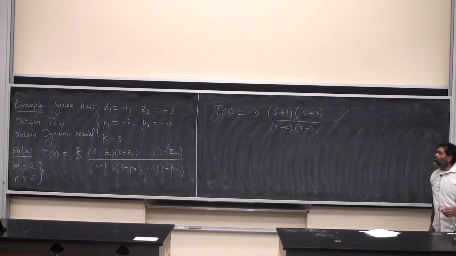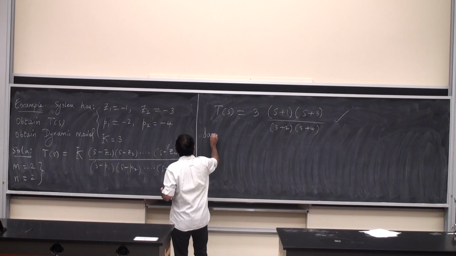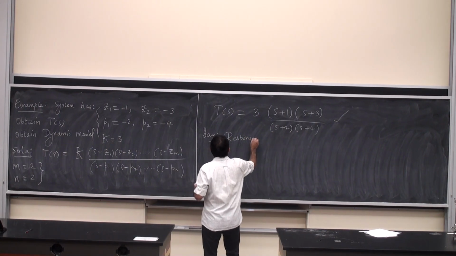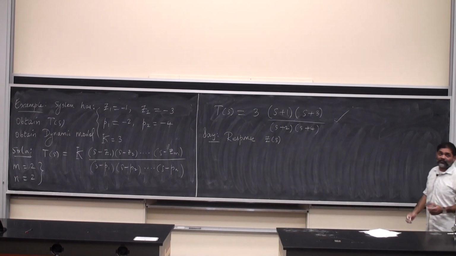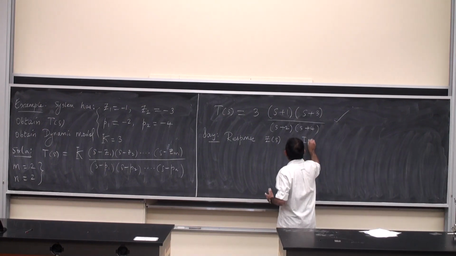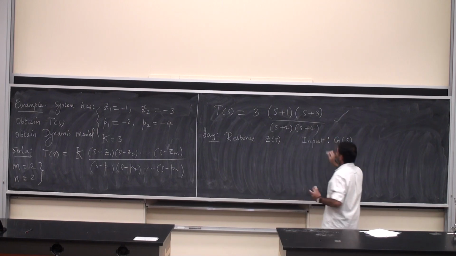Great stuff. To write the system model, I say the following. Say the response is some Z of S. Who cares, it could be any alphabet. Let's say the input is G of S. That's your choice.